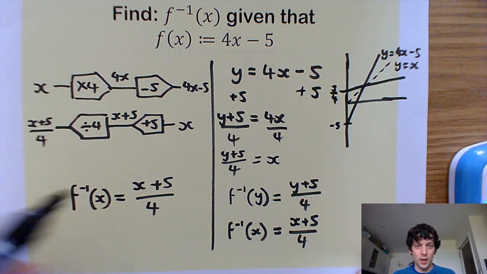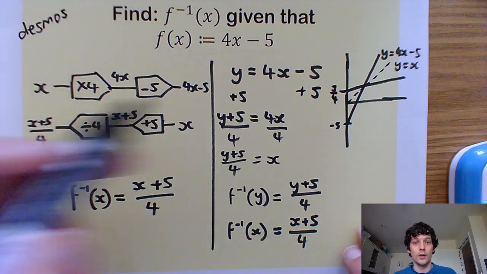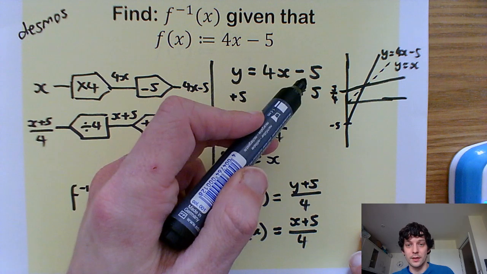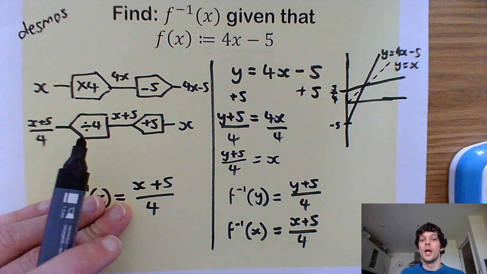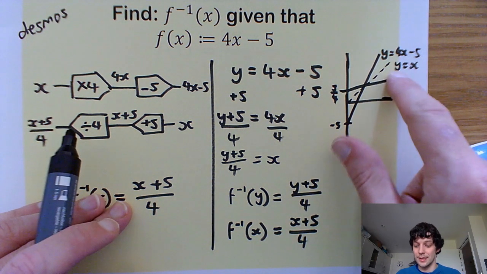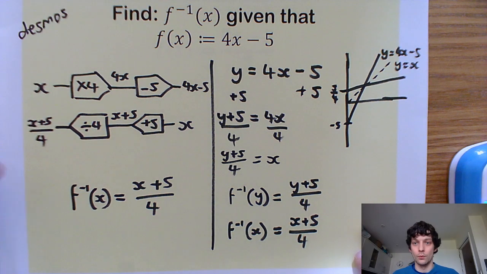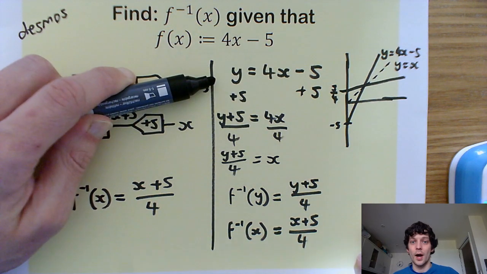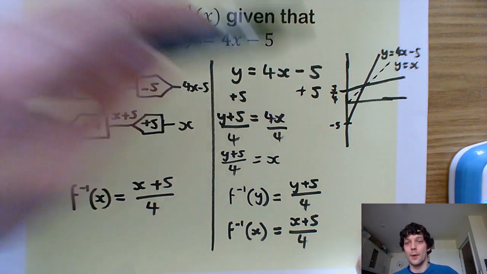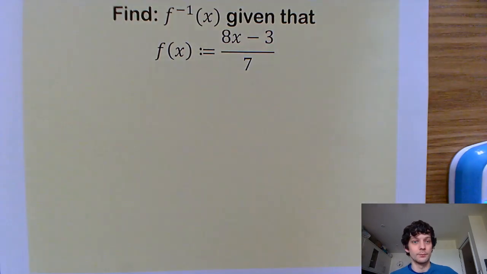And if you use a website like desmos.com to plot the original graph, y equals 4x minus 5, and the inverse function, y equals x plus 5 over 4, you'll see that they are always reflections in the line y equals x, because essentially what we're doing is swapping the x and y coordinates around. So in my original function, I'm taking x to y. My inverse function is working out how to go back the other way to get the y back to x, and then just relabeling.